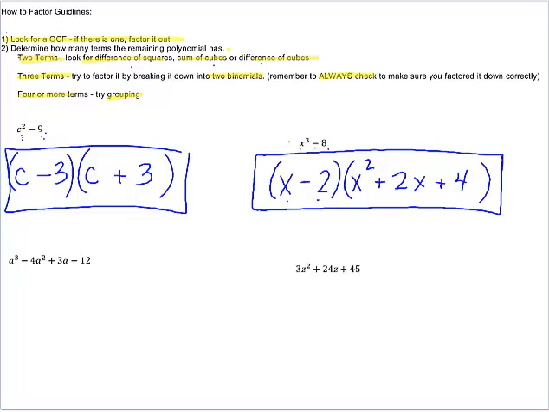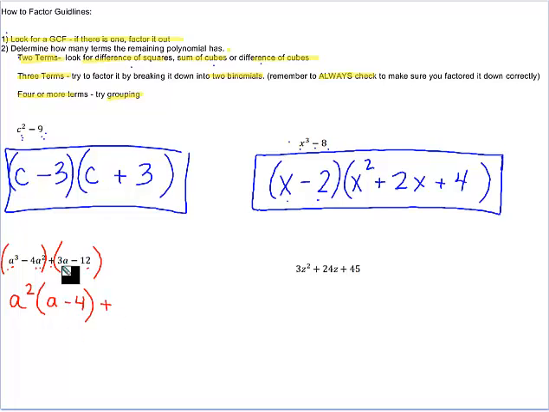Next up, a cubed minus 4a squared plus 3a minus 12. First I look for a GCF. Between all 4 of those, there is not a common term. So then I see, okay, this has 4 or more terms, so I'm going to try grouping. I'm going to group my first 2 terms together and my last 2. There's a plus in between, so we're good. The first 2 terms, a cubed and 4a squared, have a GCF of a squared, so I'm going to take that out, and I will be left with a minus 4.